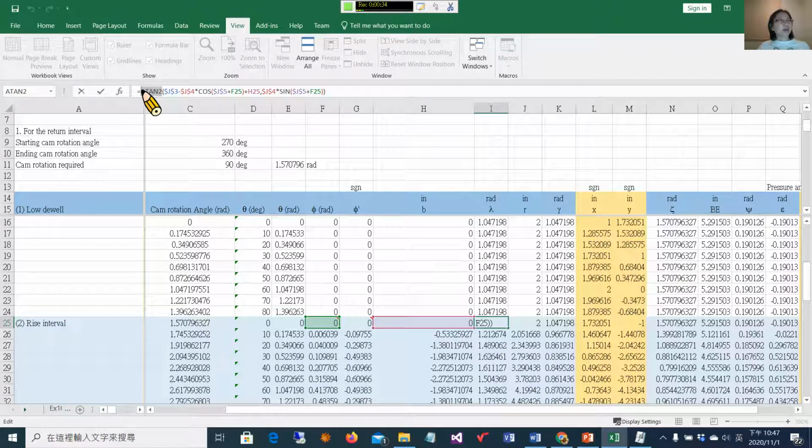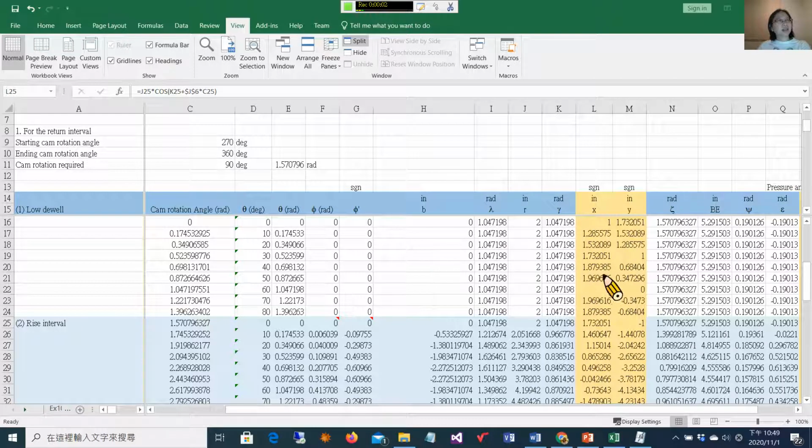The Excel arctangent 2 function returns the arctangent in radians of the xy coordinates. We need to consider the variable SGN for determining x and y coordinates. In this case, the cam rotates counterclockwise, SGN is equal to -1. The cam angle will be negative.